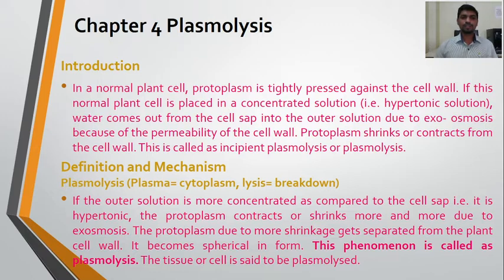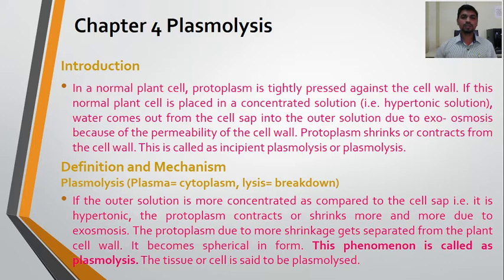If the outer solution is more concentrated as compared to the cell sap, that is, it is hypertonic, the protoplasm contracts or shrinks more and more due to exoosmosis. So when we compare the concentration of the cell sap and the outer solution, and the concentration of the outer solution is high, meaning it is hypertonic, then the protoplasm contracts or shrinks more and more due to exoosmosis.